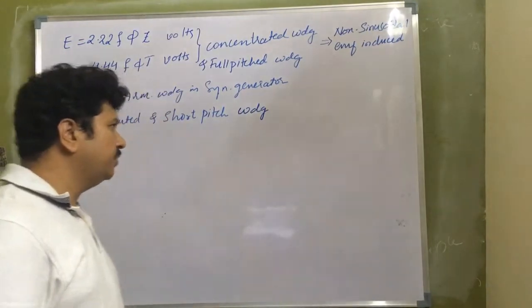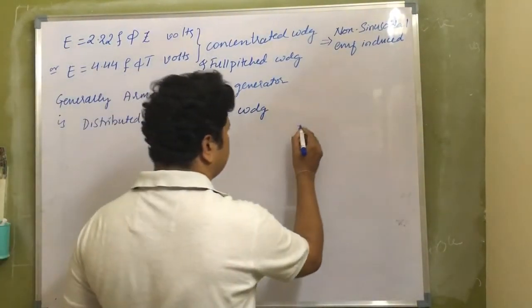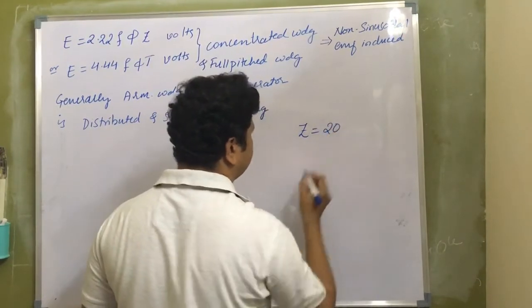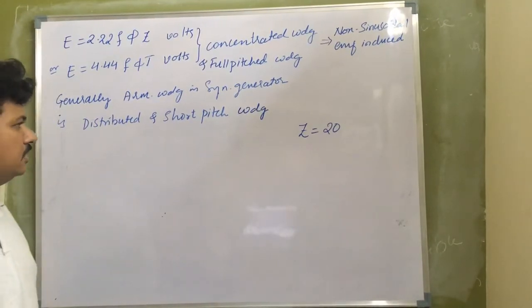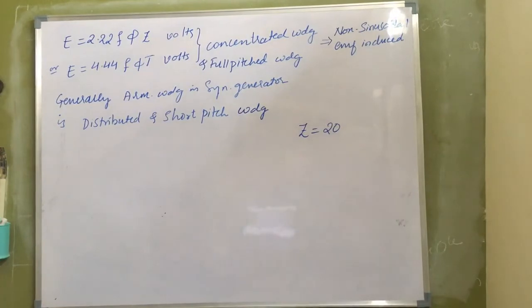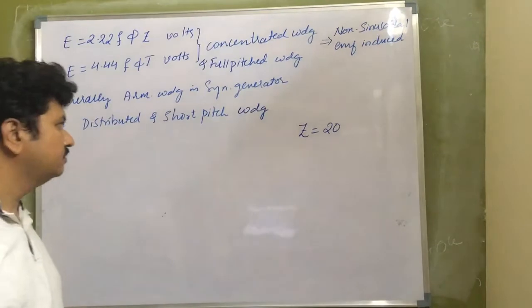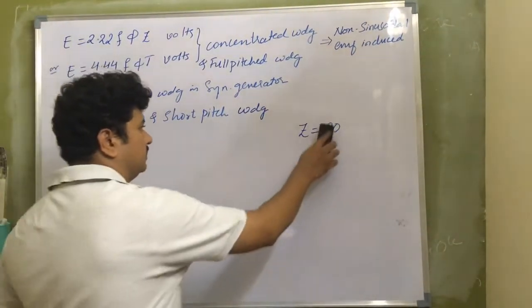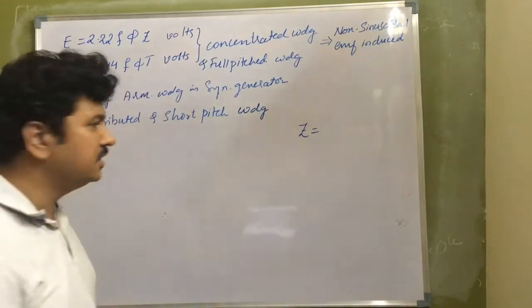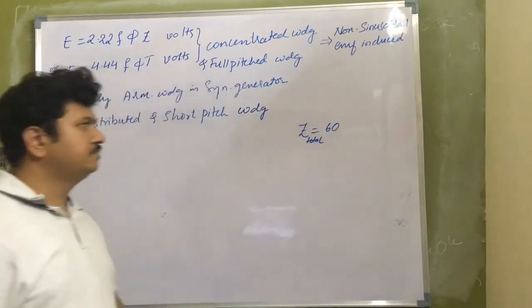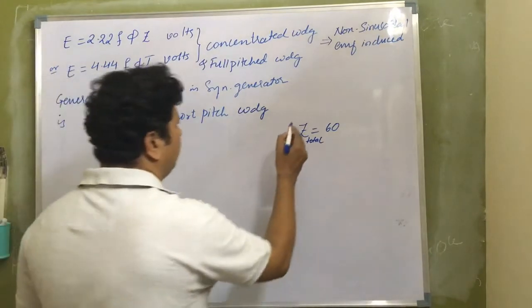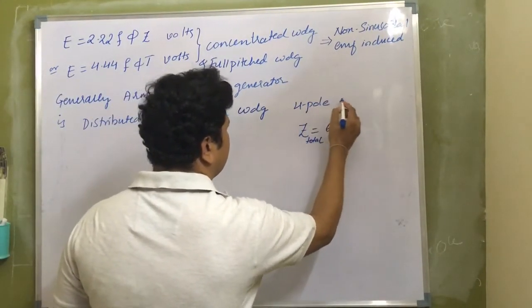Okay. Now suppose the total number of conductors in the armature, Z total, is 60.